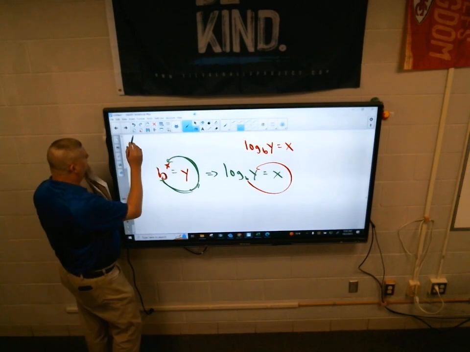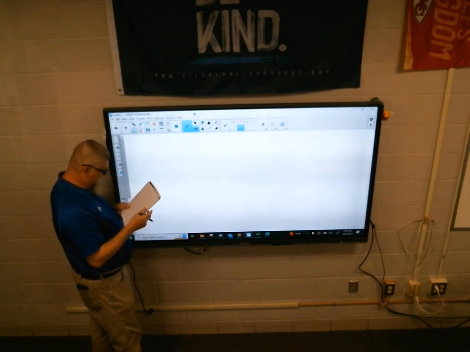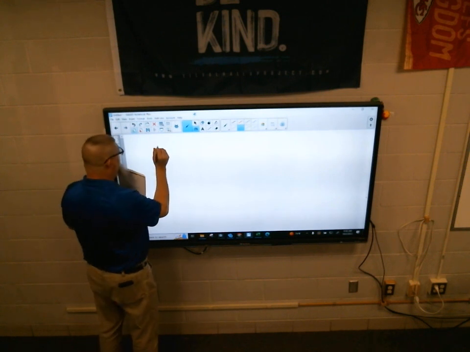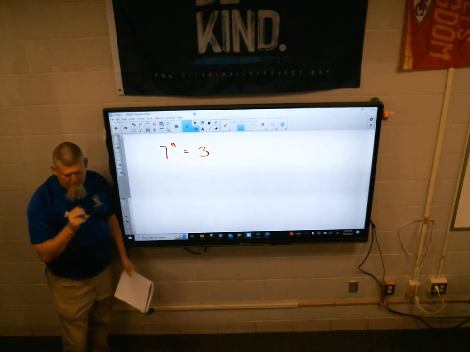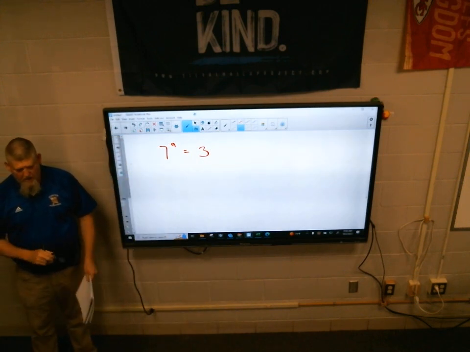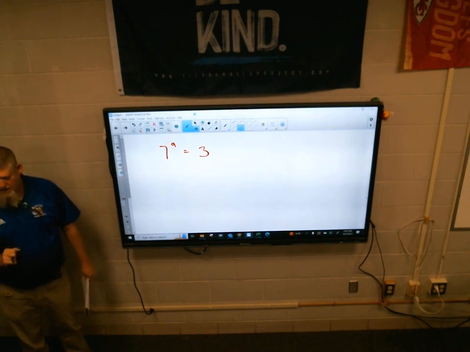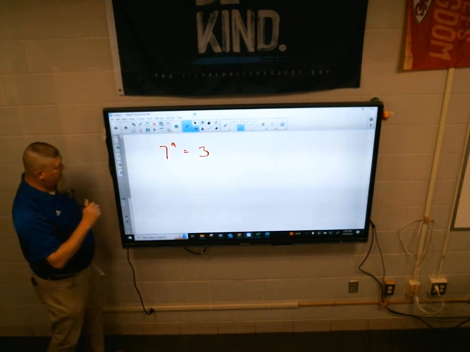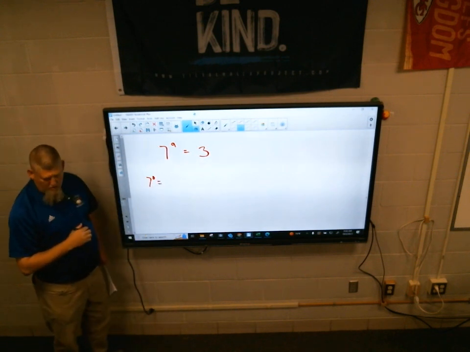All right, so let's do an example of how this works. And you might want calculators eventually when we do this. So let's say we have 7 to the power of a equals 3. Now think about what that's asking. 7 to what power? So if I do 7 to the 0 power, what is 7 to the 0 power? 1.